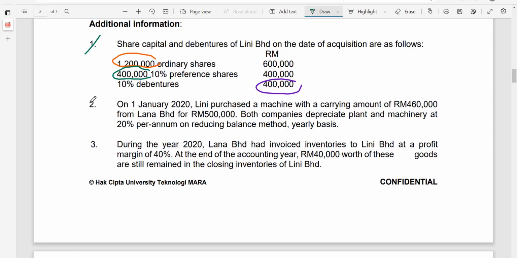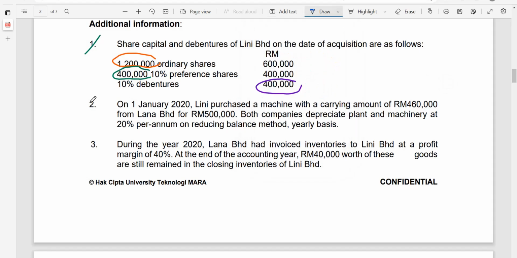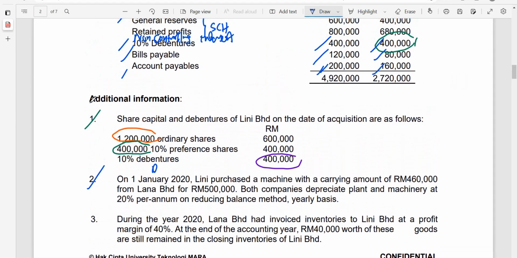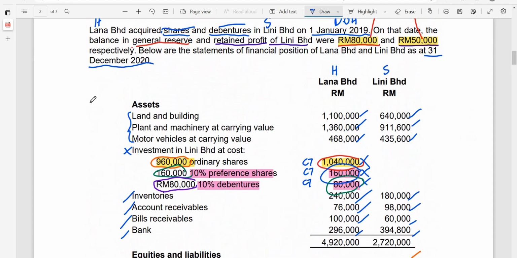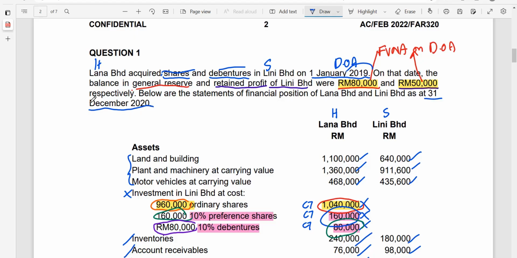So let's do that step by step together. Okay, number 2, 1st of January 2020. Remember, the date of acquisition is, sorry, 1st of January 2019.